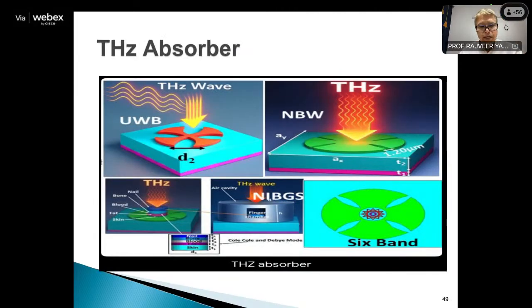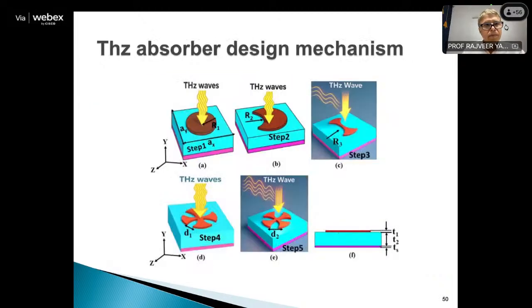The same structure with different configurations, and different configurations for the same spectrum, is being depicted here. Now, to develop that particular device, a terahertz blood glucose sensor, there are different steps involved while devising the device.